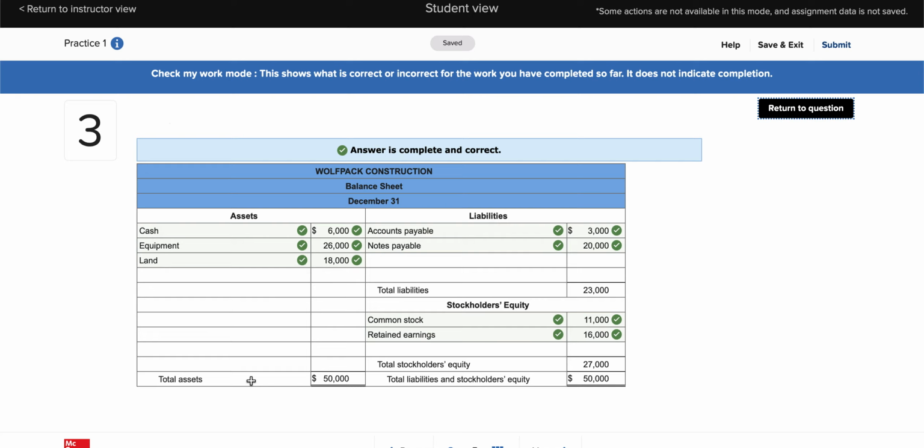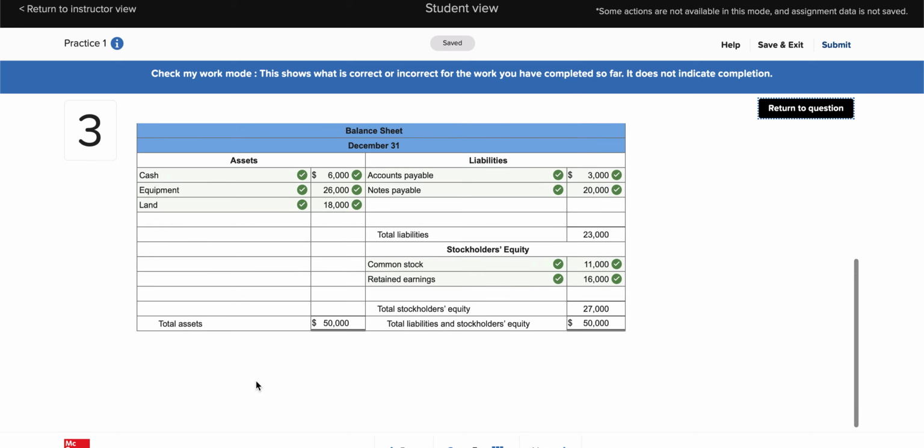And sometimes students will get busy crunching the numbers and dropping in the numbers, and especially where the totals are concerned. In this case, they automatically drop in the labels for you for the totals. But if you get into some of the problems in the future and you get that message that it's correct but not entirely complete, chances are you missed putting a label in somewhere. So let that be the first thing that you check.